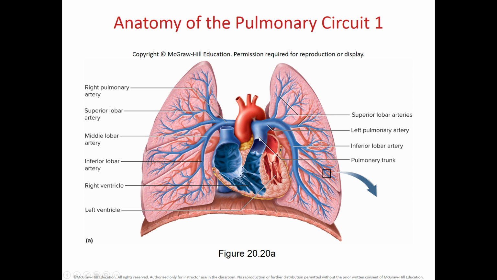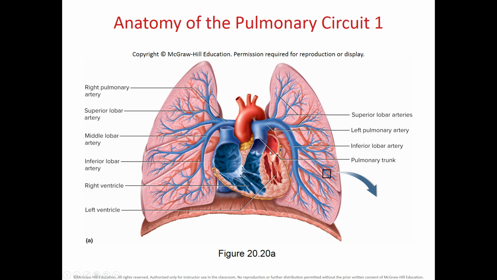The right ventricle will pump the blood into the pulmonary trunk, and then the pulmonary trunk will divide into the left and right pulmonary arteries, and then the pulmonary arteries will form different branches like the inferior lobar arteries, superior lobar arteries, and from there you will form more tiny branches that ultimately will form capillaries around the alveoli, and then you will have oxygenation of the blood, and the blood will return using the pulmonary veins from each side into the left atrium.